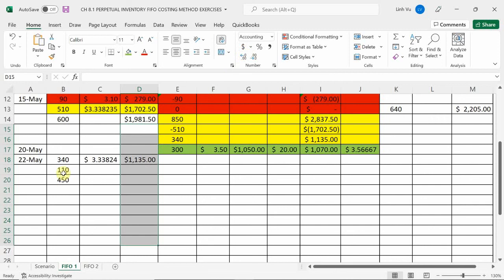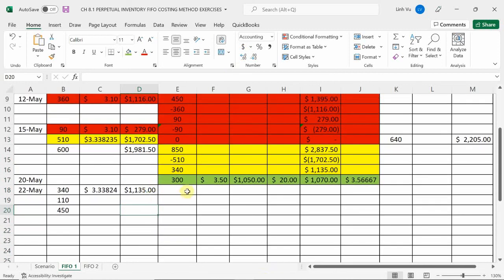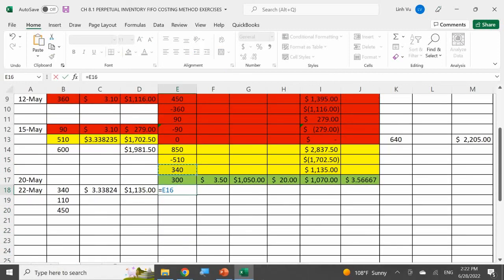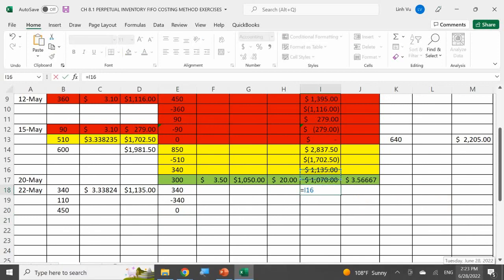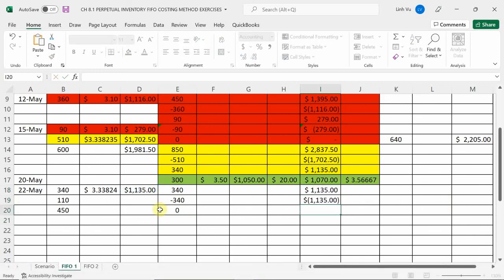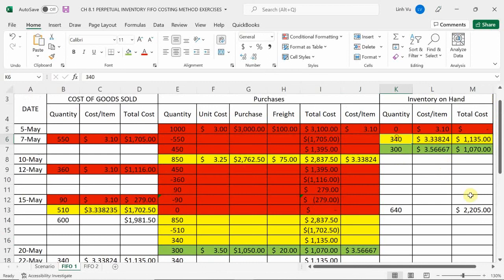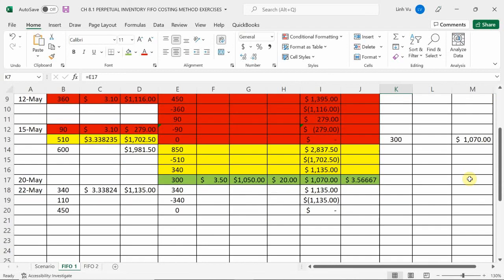Okay? So I can go ahead and eliminate that out of my batch of inventory, okay? Right? My 340 minus 340 is going to give you 0. Okay? 1,135 minus 1,135, or yep, is going to give you 0. So in this case, I can safely zero out my yellow batch of inventory. So I only have my green batch for 300 units left to sell.